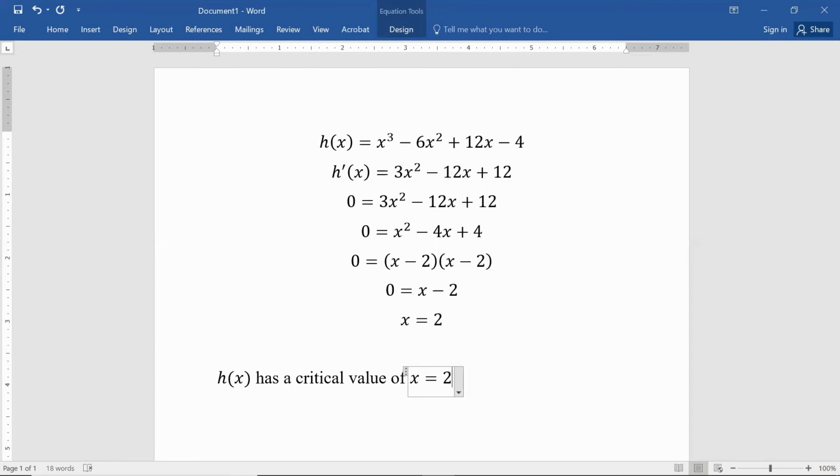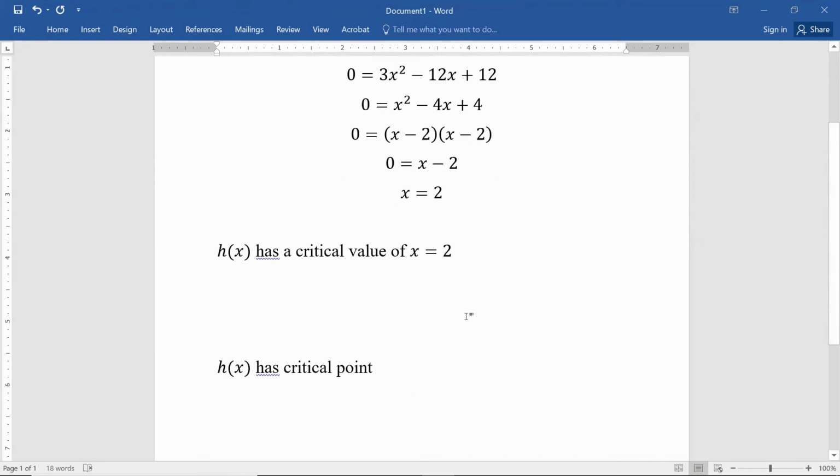In order to find the critical point, what I have to do is plug in 2 for my x value, and then plug in the function value when x is 2 for the second portion. We get 2 comma h of 2.